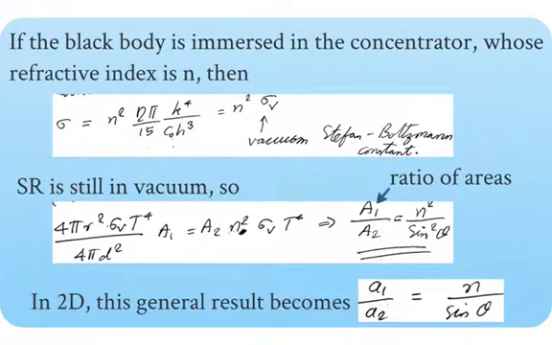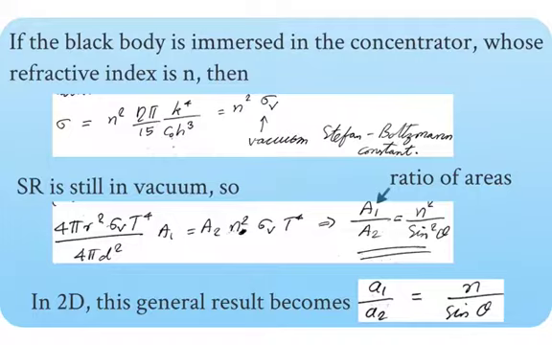So you see, this is the same as before, but now here I've added an n squared because I've filled my CPC with some material of refractive index n. Now I get a new equation where the ratio of the area of the input divided by the output, which is the concentration A1 over A2, is n squared over sine squared theta.